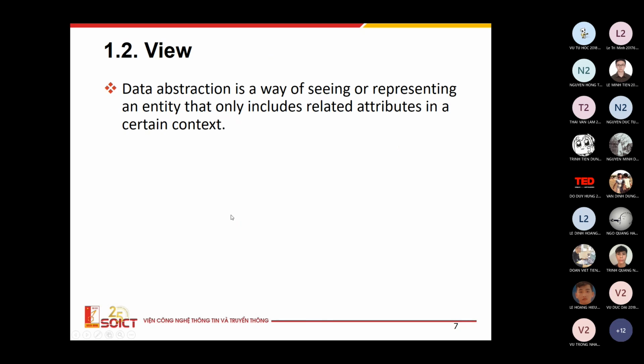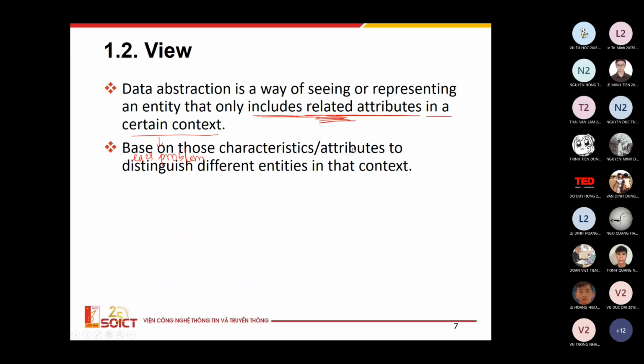And we talked about it already, that for each problem, we just include related attributes in this context. For each problem, we consider that it is in some certain context. And then to describe the same thing in this context, we just include related properties or attributes.